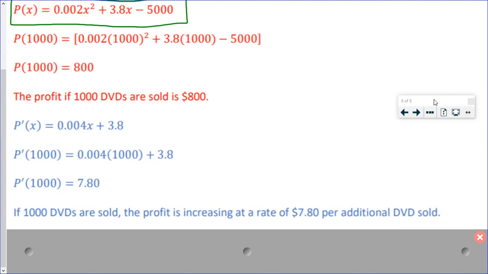Or would our profit turn into negatives, which would result in a loss? If I had a negative value here, it wouldn't be a profit anymore. So these calculations can really help companies make essential decisions about the products they wish to sell, or the behavior of their company in general.